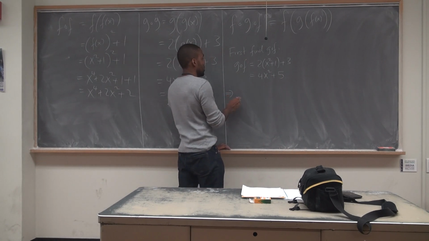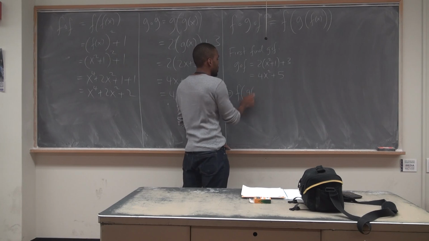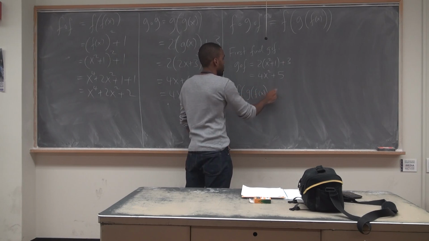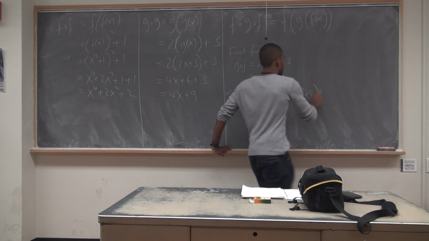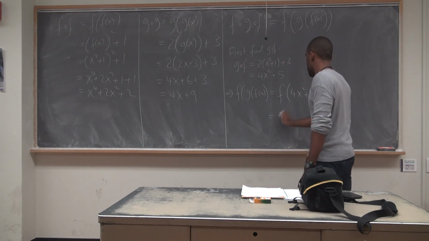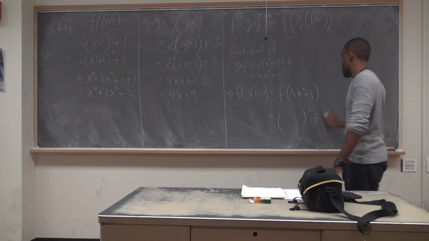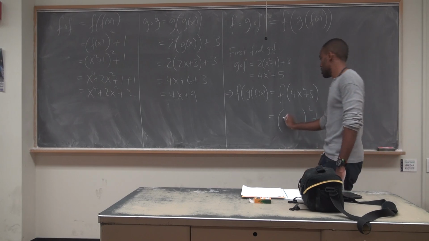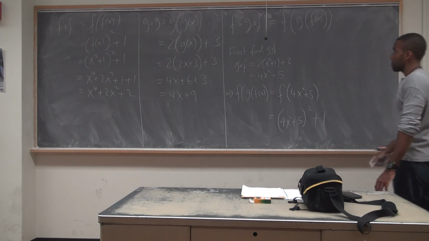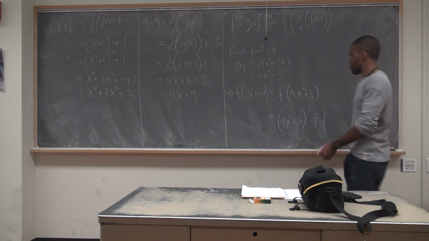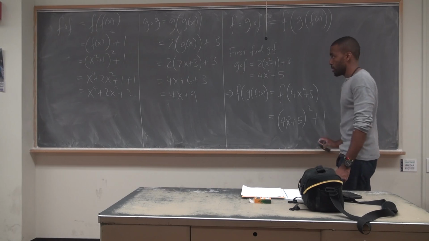This means that f of g of f is just f of 4x squared plus 5. In my function that tells me to square and add 1, I'm going to plug in the expression 4x squared plus 5. And that would be your answer.